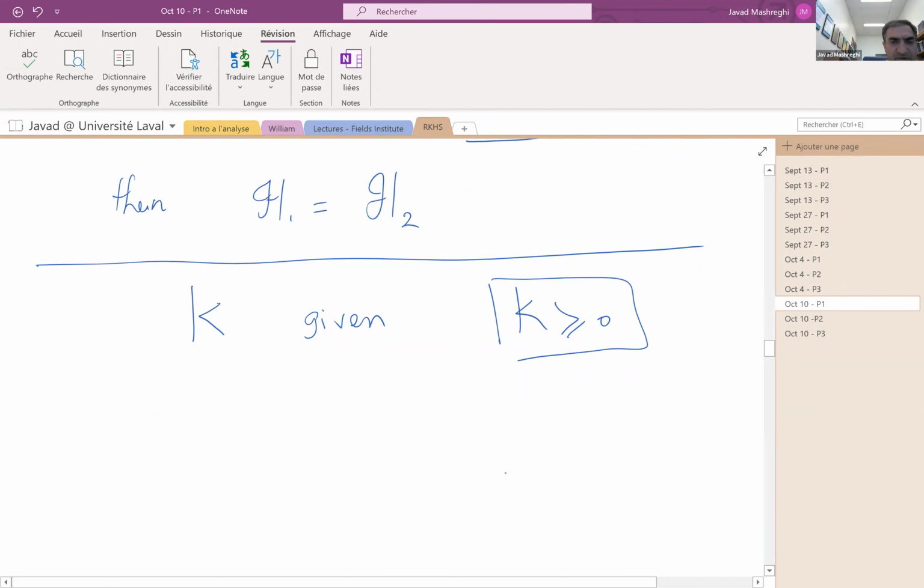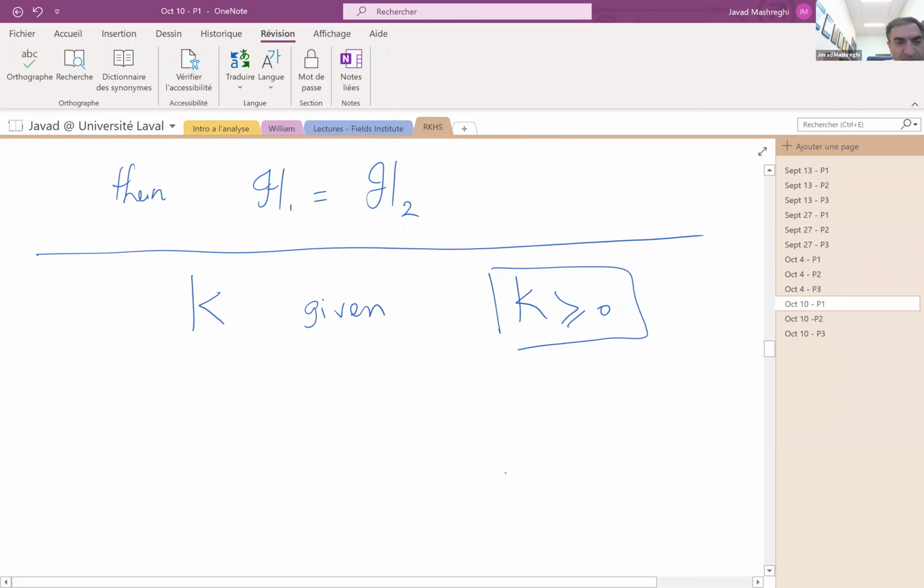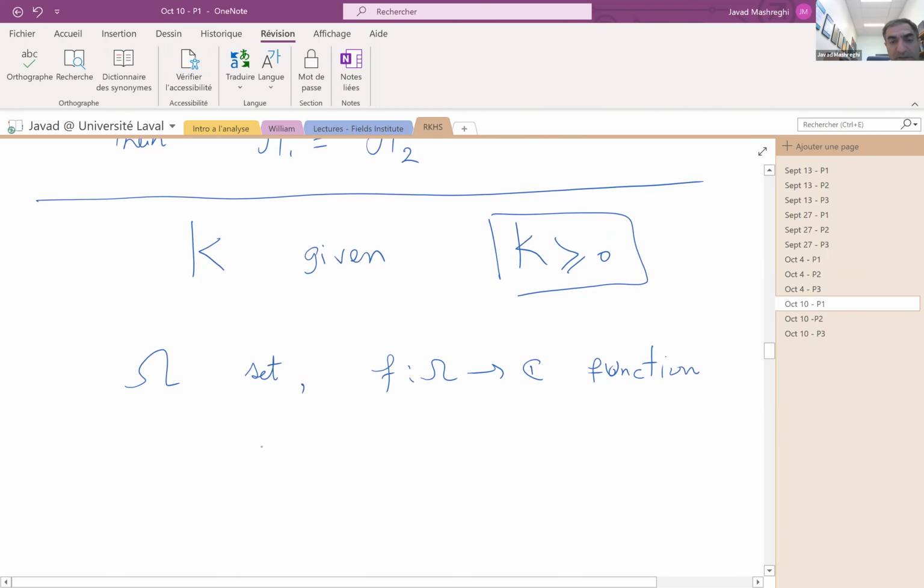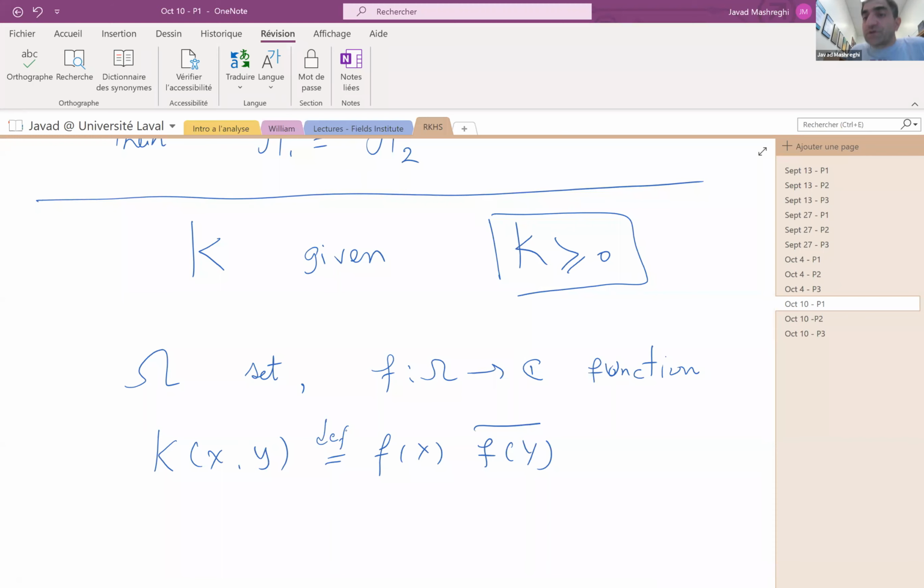As a very elementary example, take any set omega and consider any function f from omega to C, no restriction. Define K(x, y) by f(x) times f(y) bar. One can easily show that this K is a kernel function.